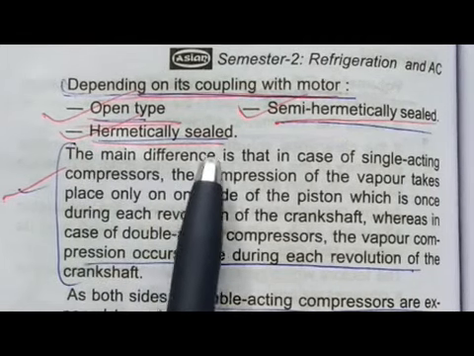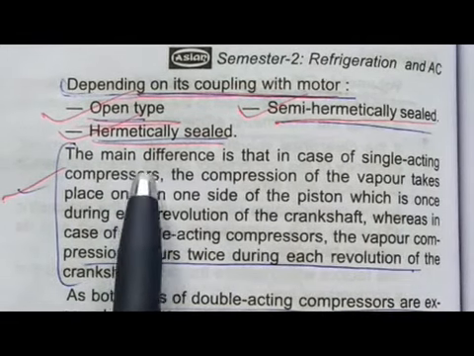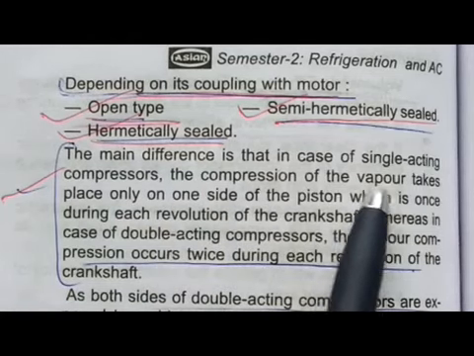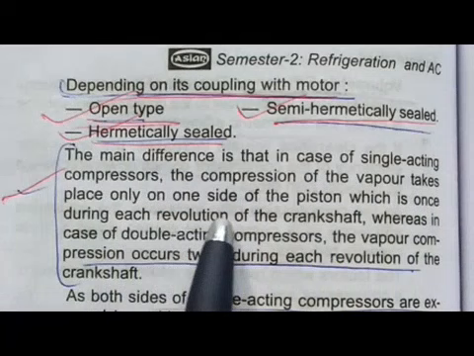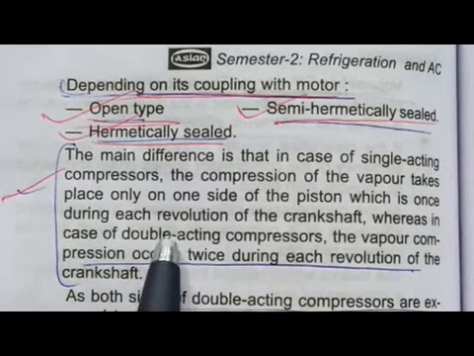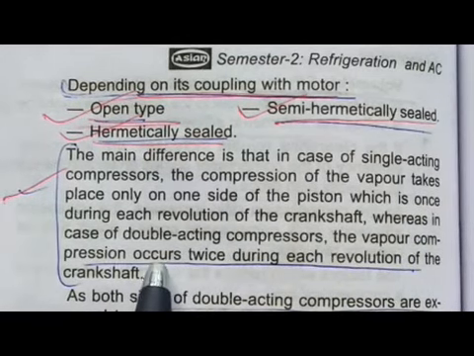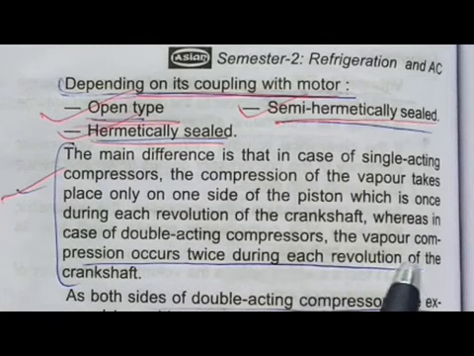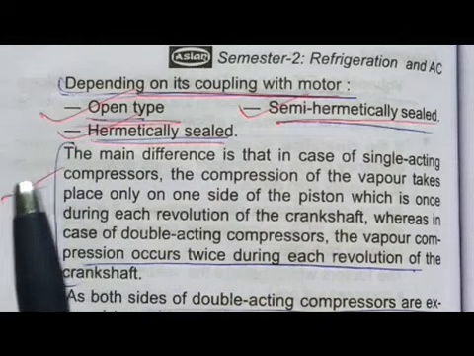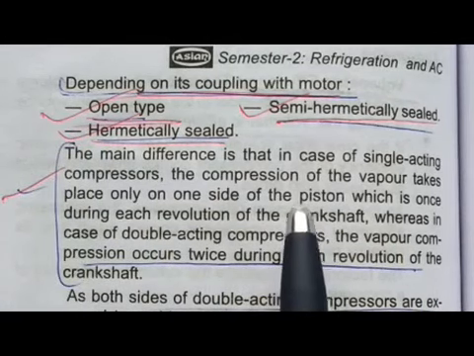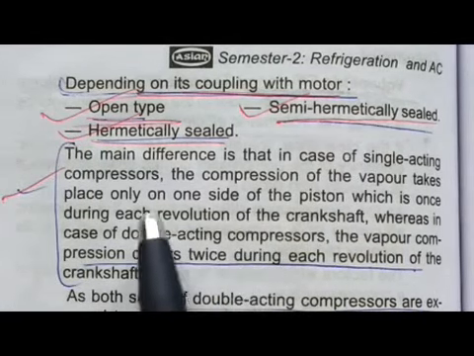The main difference is that in single acting compressors, the compression of the vapor takes place only on one side of the piston, once during each revolution of the crankshaft, whereas in a double acting compressor the vapor compression occurs twice during each revolution. Single acting means a single compression action on the refrigerant, and double acting means refrigerant is compressed on either side of the piston.